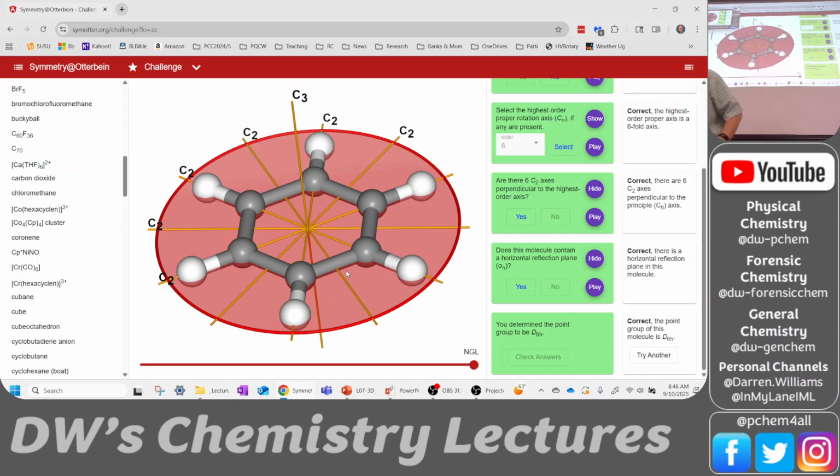There are occasionally some questions about inversion centers, but in order to get to the end point on the flow chart and identify the Schoenflies notation, we don't have to identify every symmetry element. Those are in the character tables. So once we find D6H, we go to the character tables and we see all of the others. And you'll see reflection planes and things that you didn't necessarily see in completing the flow chart.